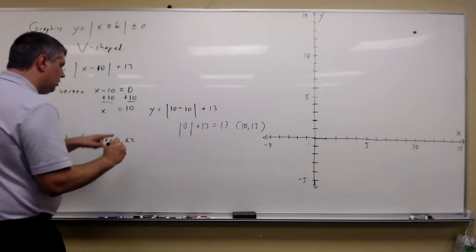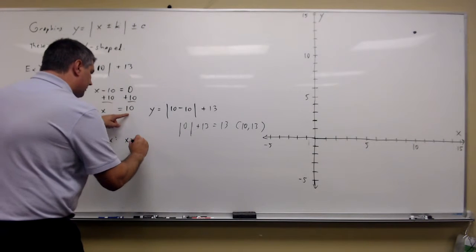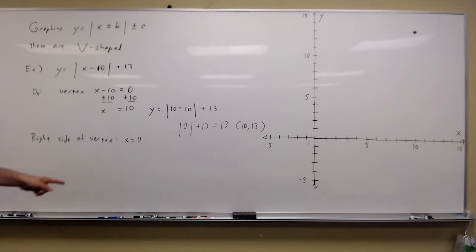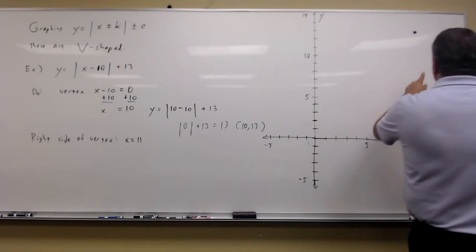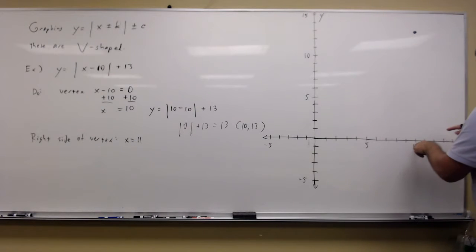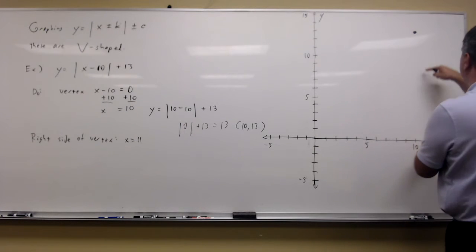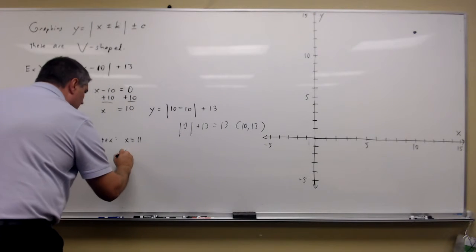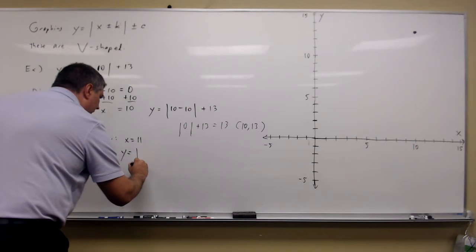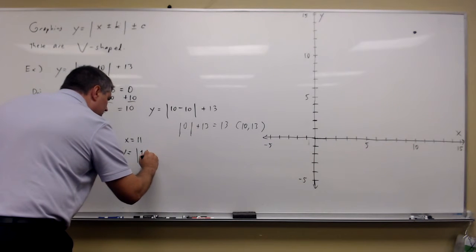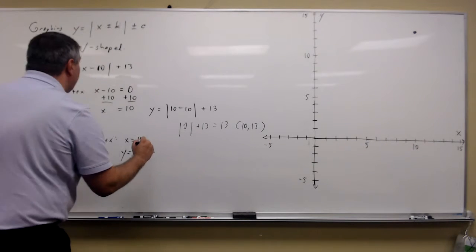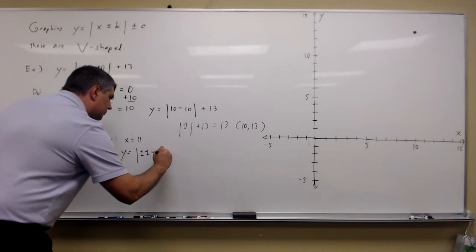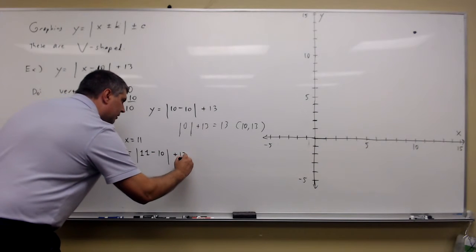X equals 1 up from 10 is 11. So this would be the right, this would be the left. So right would be x equals 11. Okay, so y will equal the absolute value of 11 minus 10 plus 13.